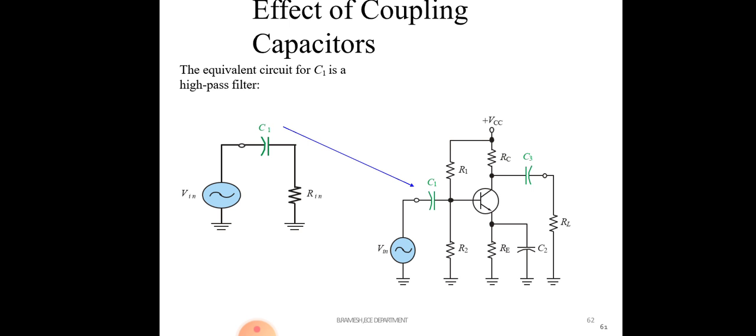RIN is equal to R1 parallel R2 parallel HIE. That is the equivalent RIN. Here C2 is the bypass capacitor, and C1 and C3 are coupling capacitors. So this is the circuit diagram.